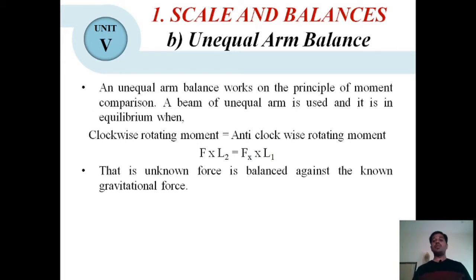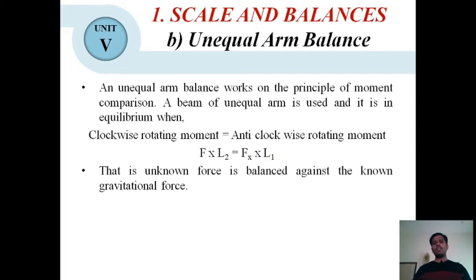This also works on the principle of moment comparison. As the name itself says, there will be unequal arms. Here also we are using a beam, but it is not pivoted at the center. It is pivoted at a distance away from the center. So the working principle is the same.